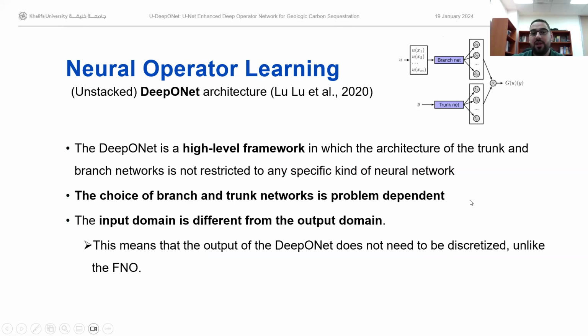Some of the features of the unstacked DeepONet architecture: it's a high-level framework in which the architecture of the trunk and the branch network is not restricted to any specific kind of network. Although it was initially introduced with a feed-forward neural network, the authors mentioned that you can use any type of neural network if you see fit.